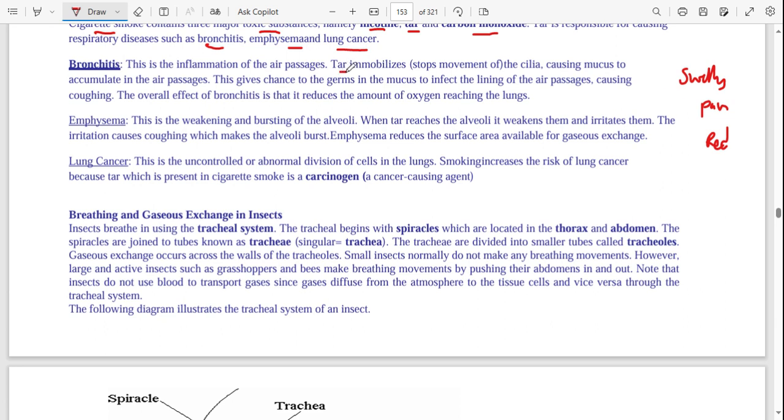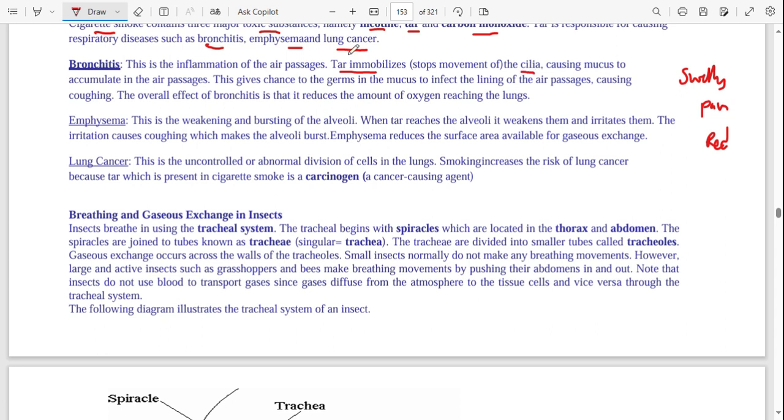And tar, that thing that is found in smoke, will immobilize or stop, because in the respiratory system you have got hairs we call cilia, and that is necessary. When you breathe in, let's say, dust, mucus will trap the dust and then you'll be able to remove it using the hairs. The hairs will be able to push them out, which we call cilia.